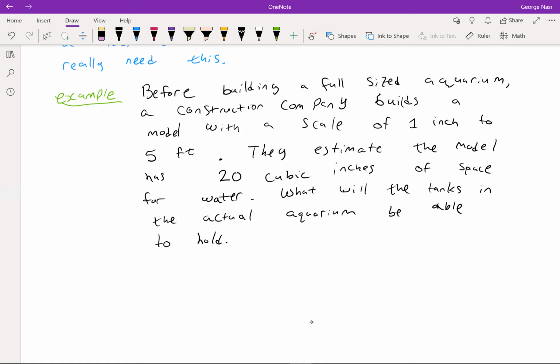And to do this right, I've mentioned this several times in the prior sections, we want our units to match, especially if we're going to do the scale factor method. So our scale is really 1 inch to 60 inches, because in every foot there are 12 inches. So 60 is 5 times 12 there.